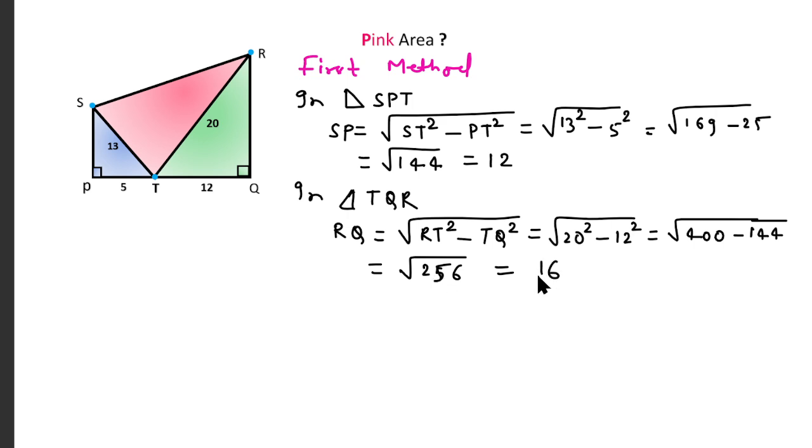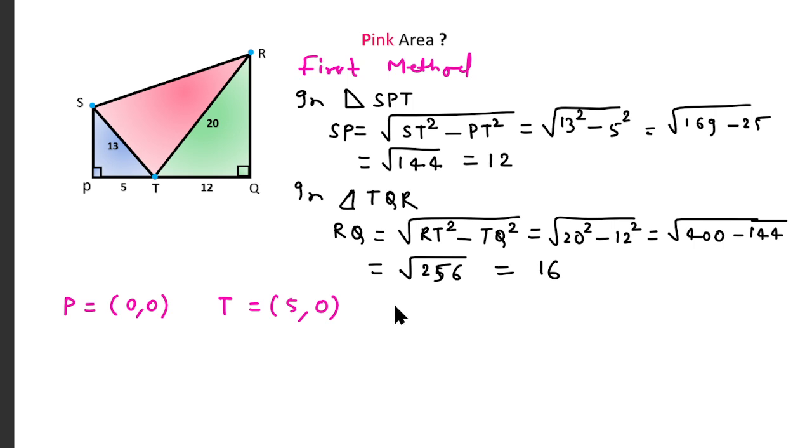Okay, now if we consider P is on the origin, so P coordinates will be equal to (0, 0). Then T coordinates will be distance from the origin, that is x-axis here 5, and y coordinate will be 0 because it lies on the x-axis.